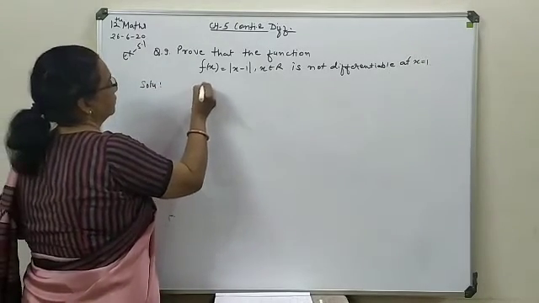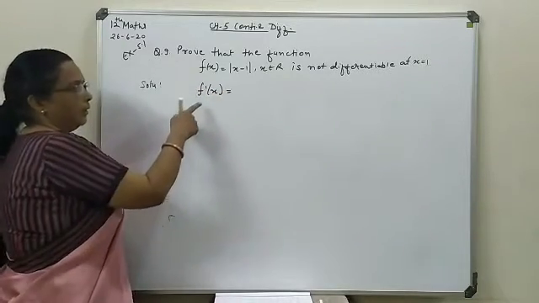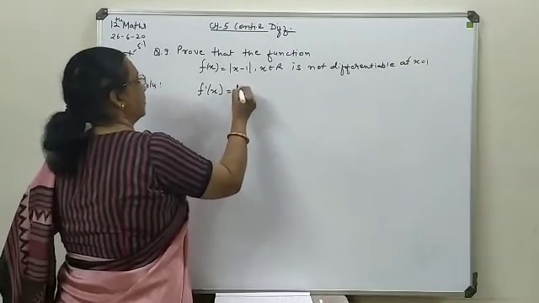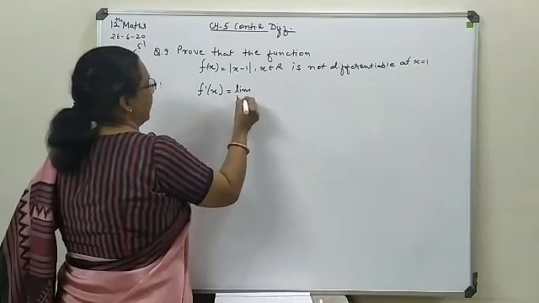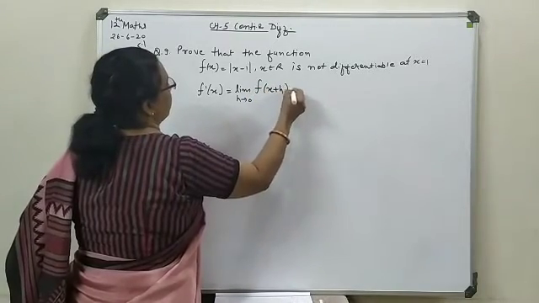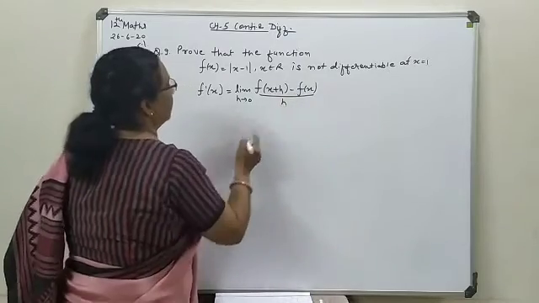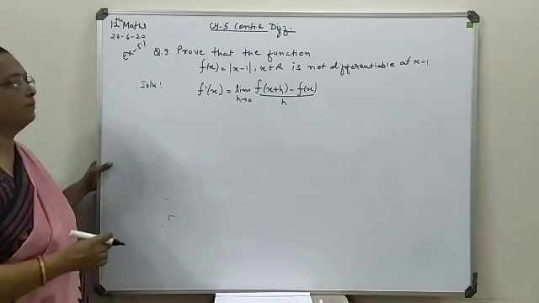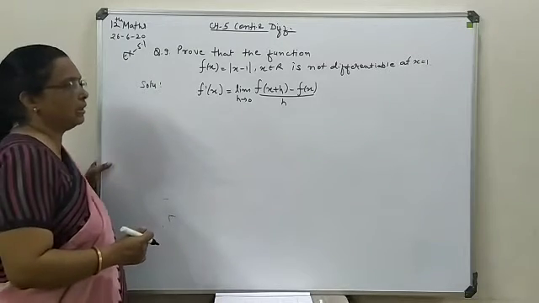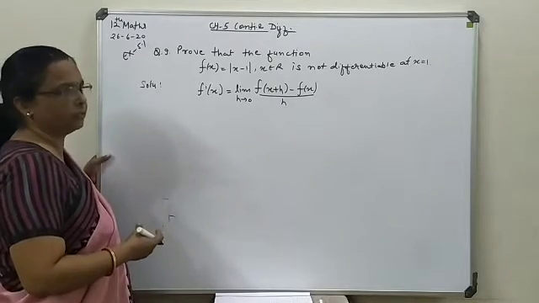When you are going for evaluation of a derivative, as a first principle, you can say limit h tends to 0 of f(x plus h) minus f(x) upon h, which we normally use. When a particular value is given at which you have to check the differentiability, we will check the form in terms of a.